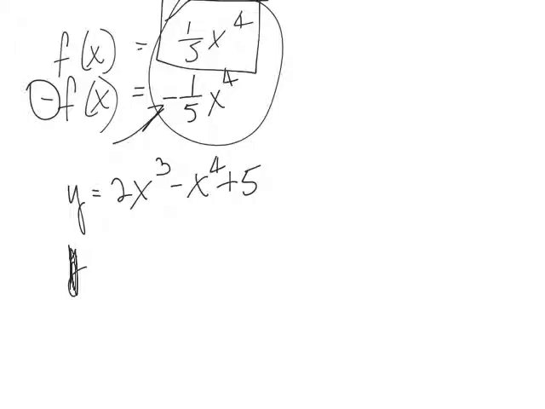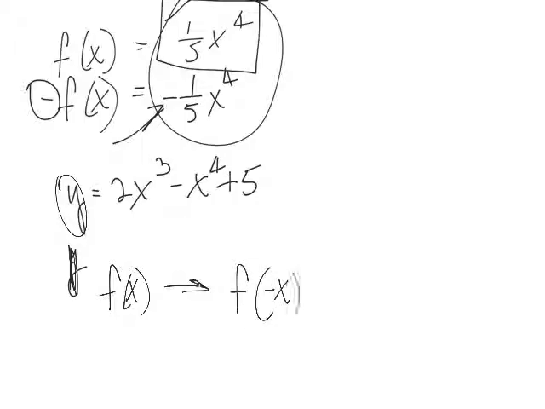Okay, what would the equation for reflecting it across the y-axis look like? Well, the formula says that all we have to do is take our f of x, which is our y right here, and turn it into f of negative x.